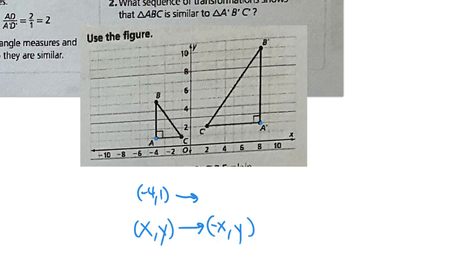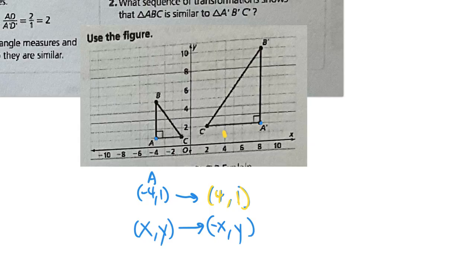So in that moment, what used to be just regular point A became, we'll put this point here, 4 comma 1. Okay, now in that moment where it flipped over the y-axis, it became 4 comma 1.